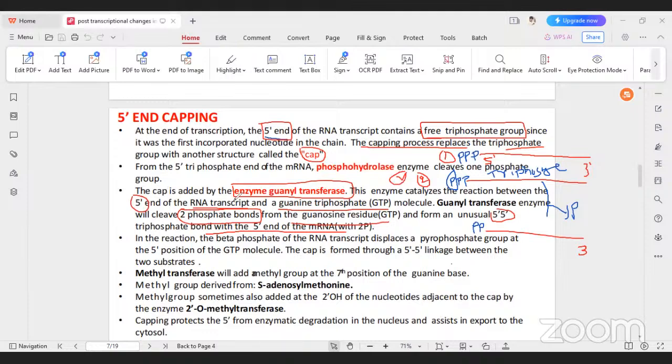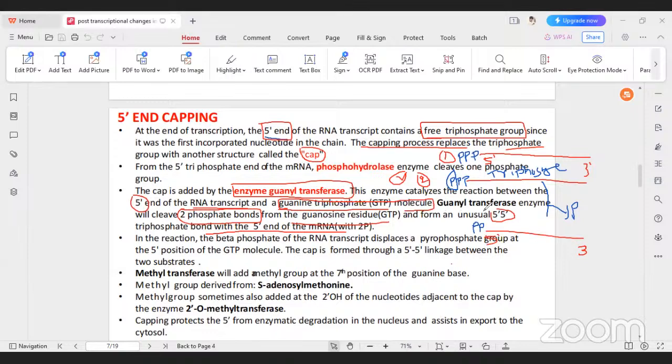Now the cap is added by the enzyme guanylyl transferase, which catalyzes the reaction between the 5' end of the transcript and a guanosine triphosphate molecule.